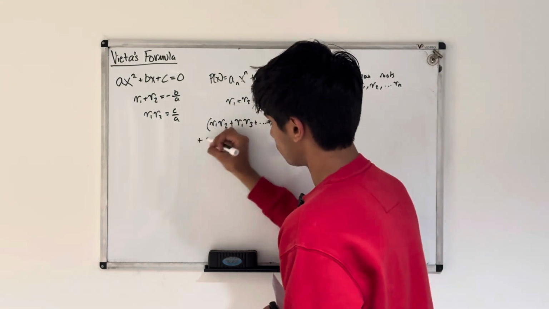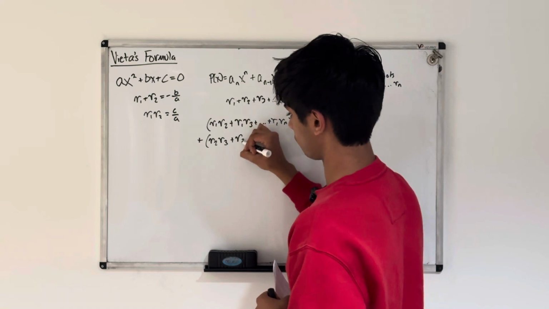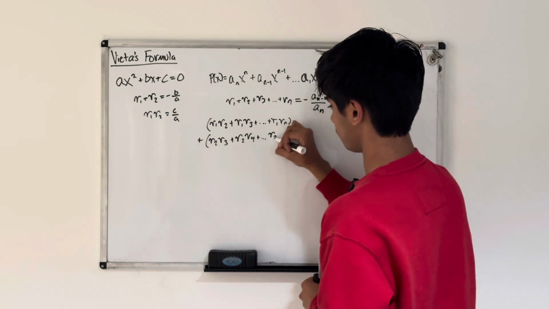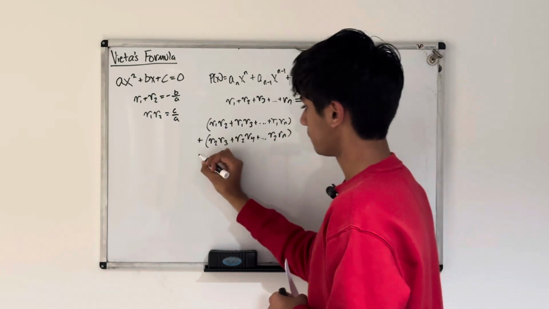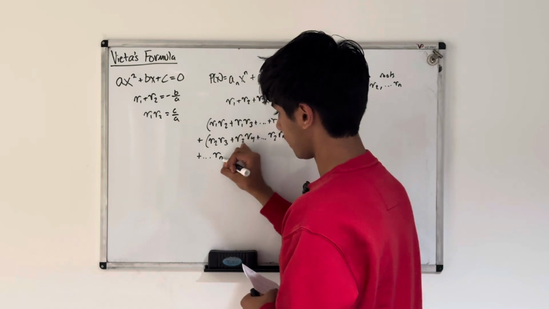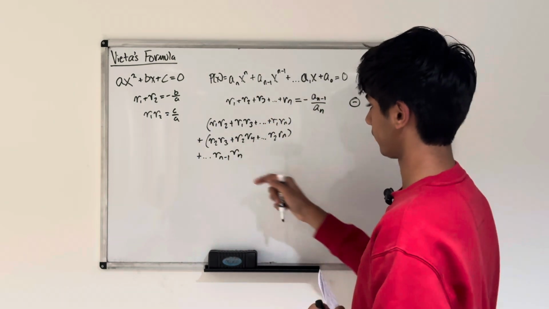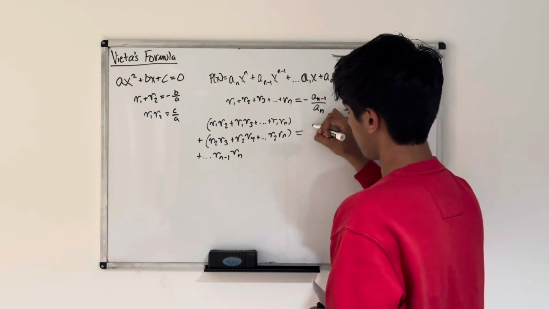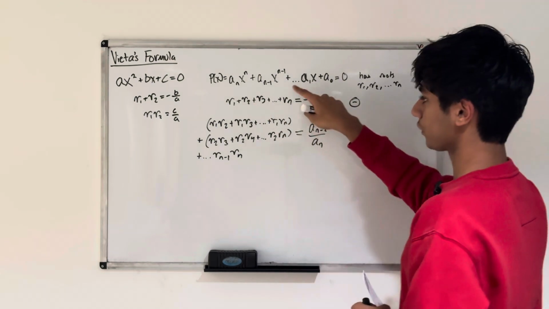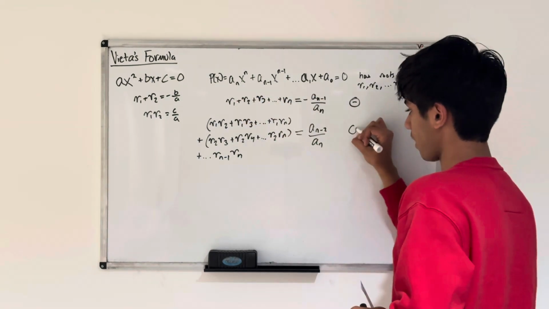Next, we add r2 times r3 plus r2 times r4 plus, all the way again to r2 times rn. We keep doing this for every number until we reach, eventually, r_(n-1) times r_n. And this is equal to a_(n-2) over a_n, so the third coefficient divided by the first coefficient, and this one is positive.